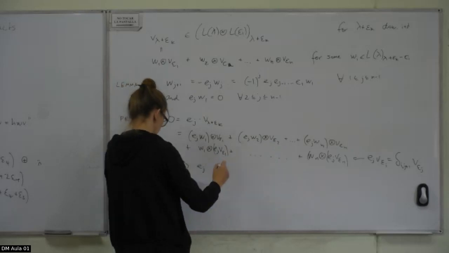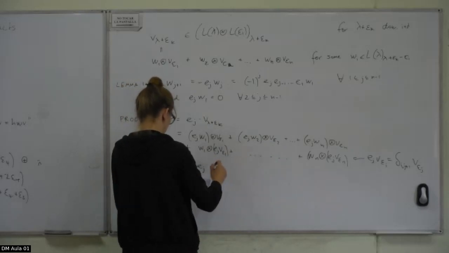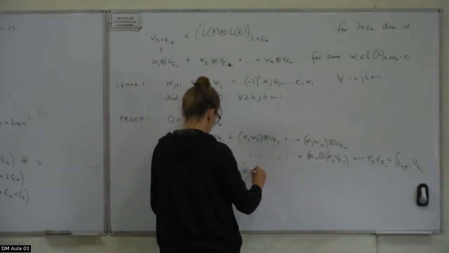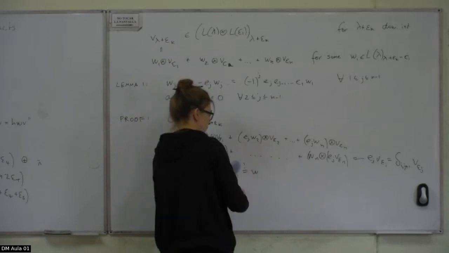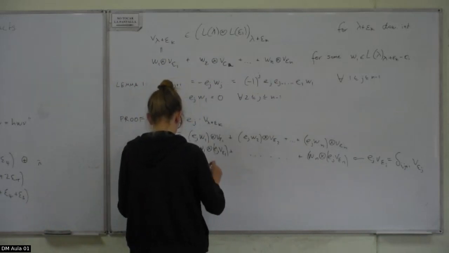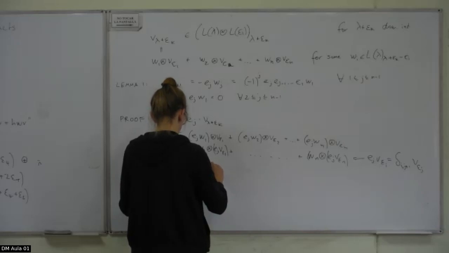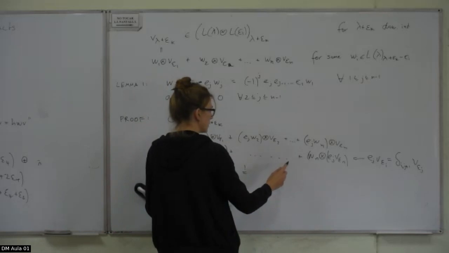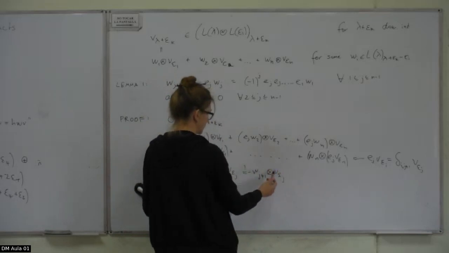And so we get that E_j W_j tensor v epsilon j must be equal to, so we had this W_{j+1} tensor epsilon j that's somehow resulting in the second line.